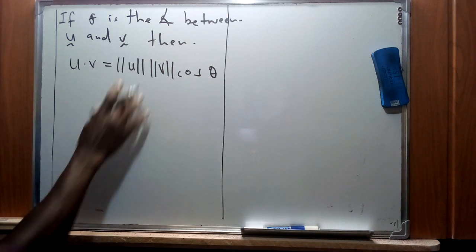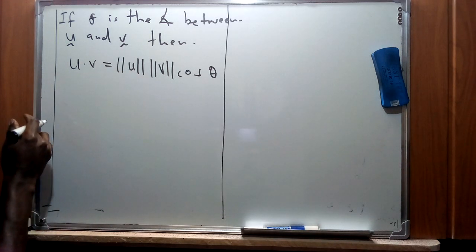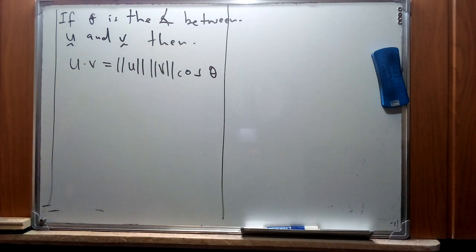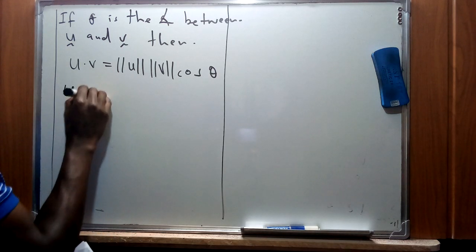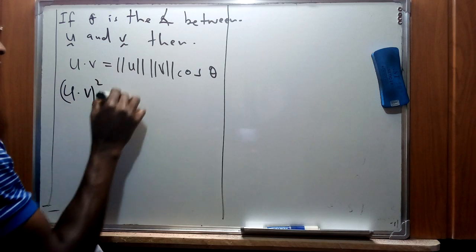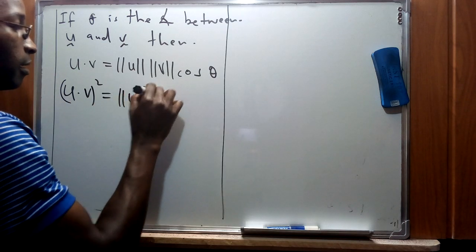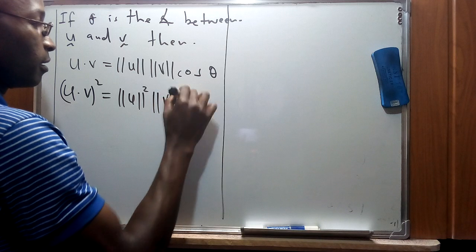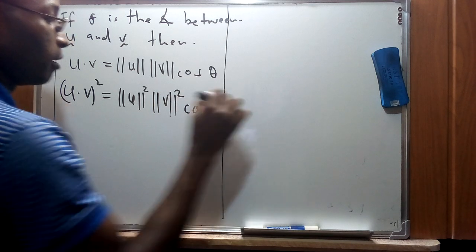Now, if we square this particular formula for finding the dot product of those two vectors, then we're going to have u dot v squared being given as the norm of u squared, the norm of v squared, cosine squared of theta.